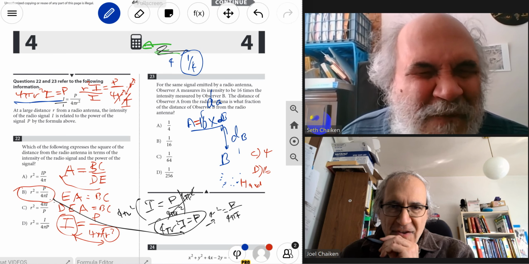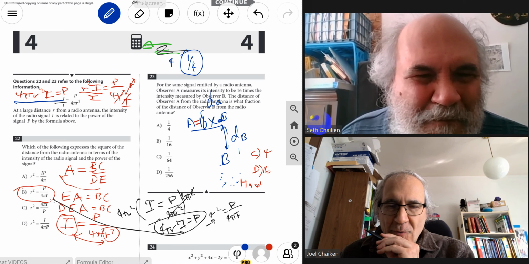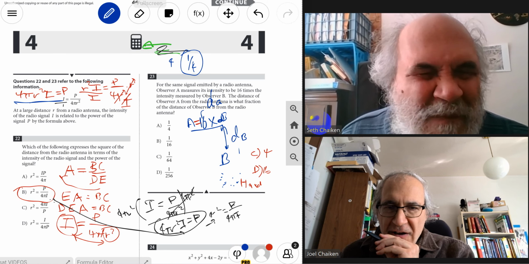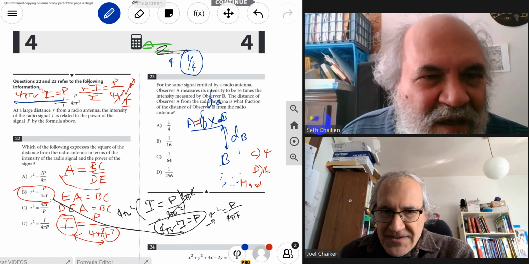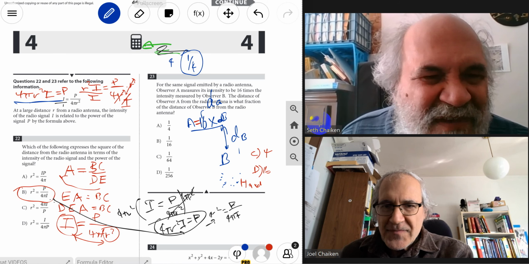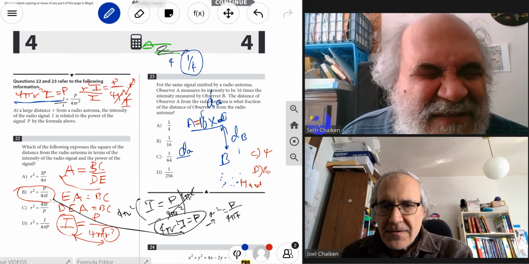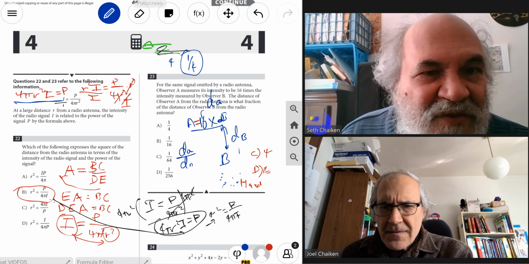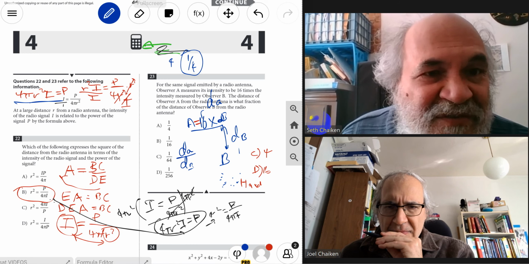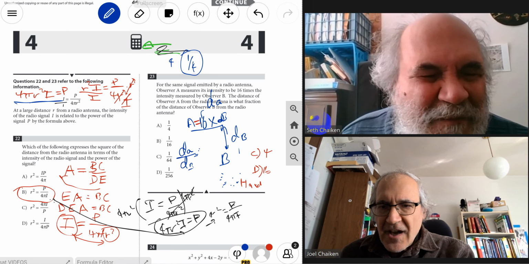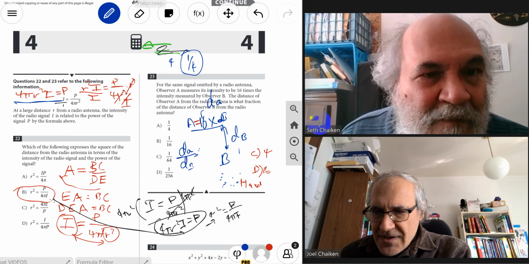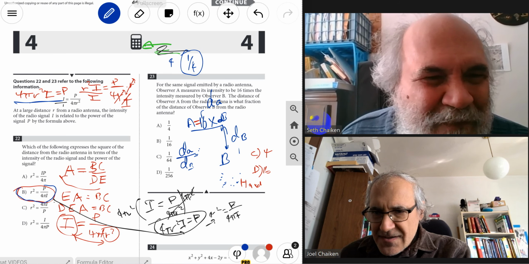So what we do is we want to know the ratio of dA to dB, or dB to dA. The distance to A, dA, is what fraction of the distance to B? So it's dA over dB. Exactly, dA over dB. Hey, look at this, we already have this.